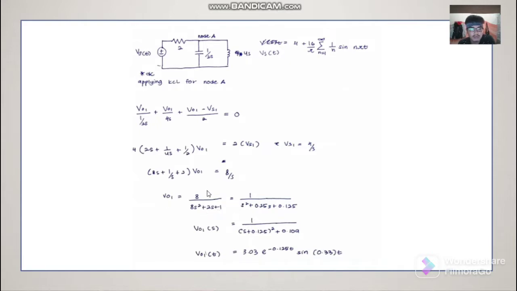So we simplify it, we divide by 8, and we will get 1 over S squared plus 0.25S plus 0.125.